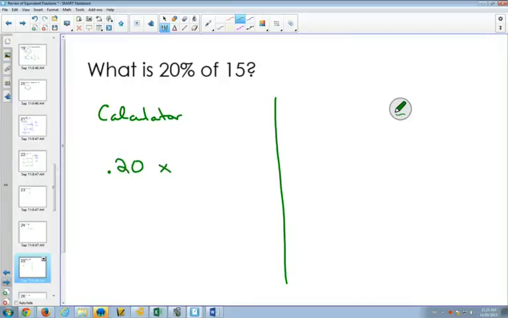I'm going to times that because it says of, 20% of 15. And I type that into my calculator, and I get 3. So if you were buying something for $15 and there was a big sign above it that said 20% off, that means you would save $3. Not a lot, but every little bit helps.